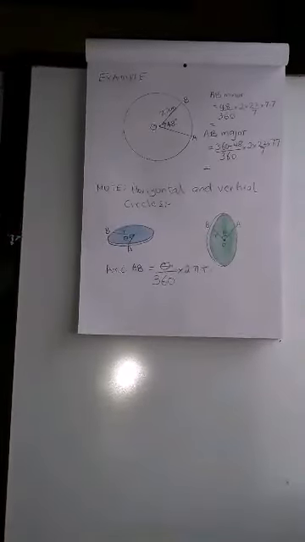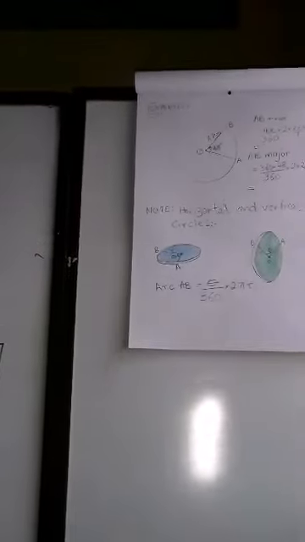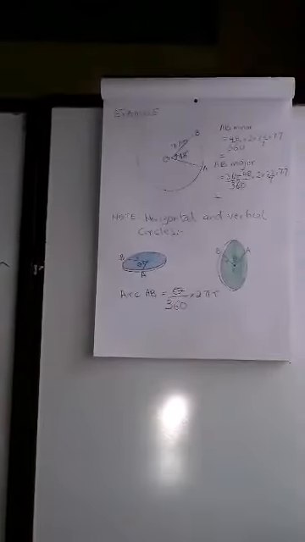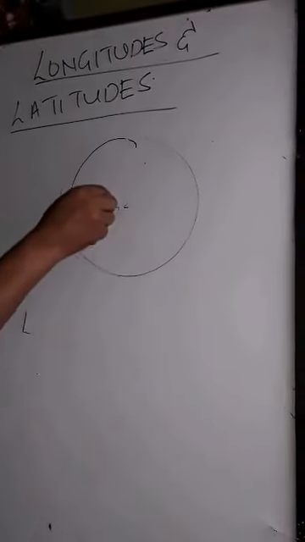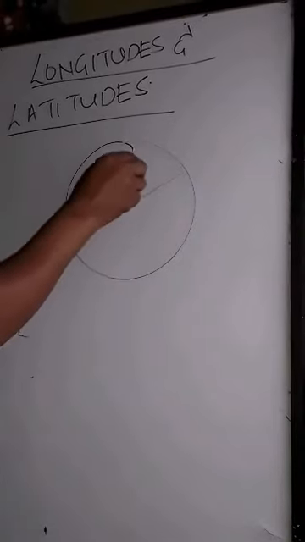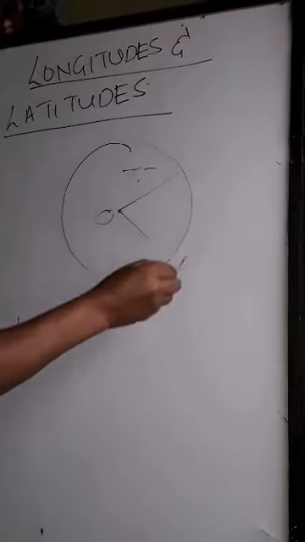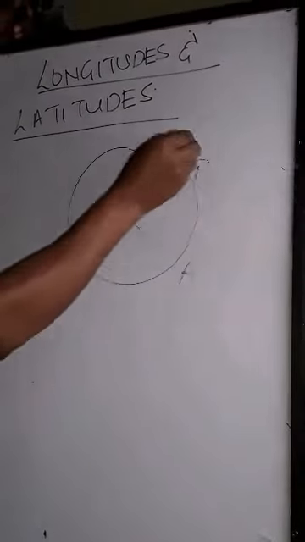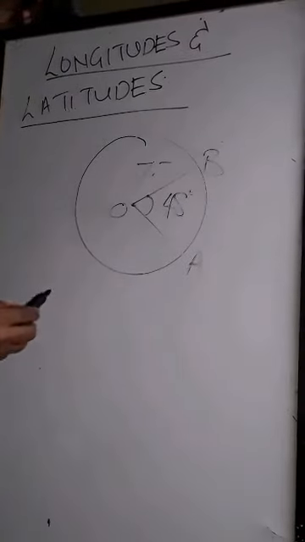So we look at an example here. We have a circle, center O, radius 7.7, arc AB subtends an angle of 48 degrees.